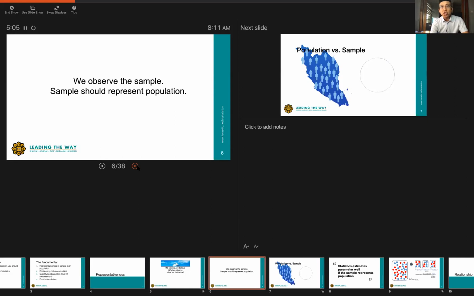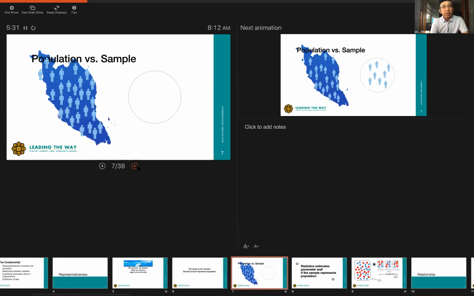Observe also means measurement. When you weigh someone, when you measure the circumference, the height, or the speed, we call that observation. The other word for observation is measurement. So when we observe a sample, meaning a portion of a population, we are hoping that that sample will represent the population.